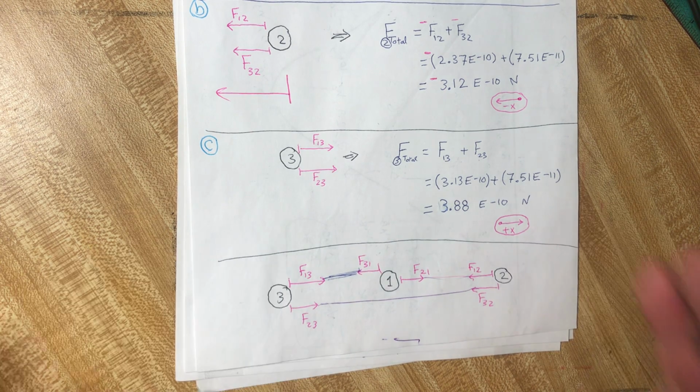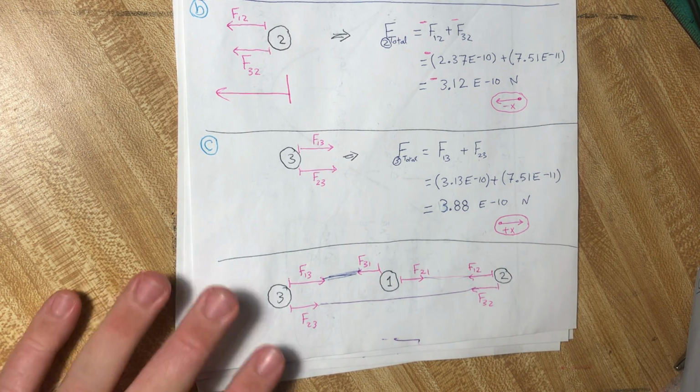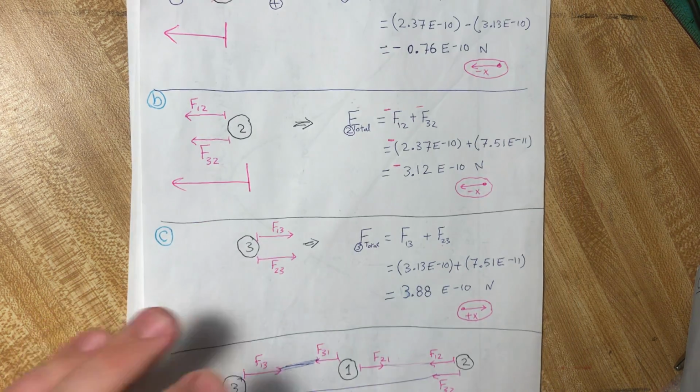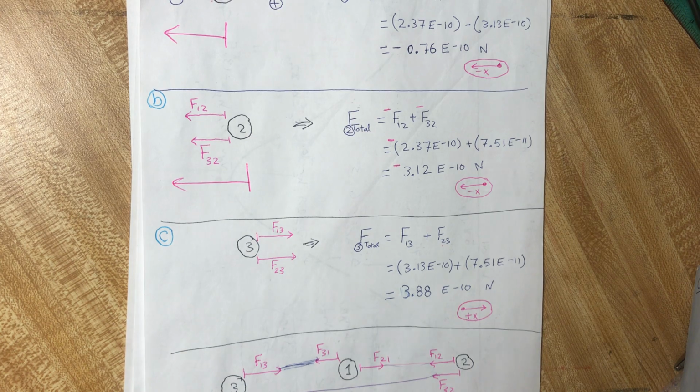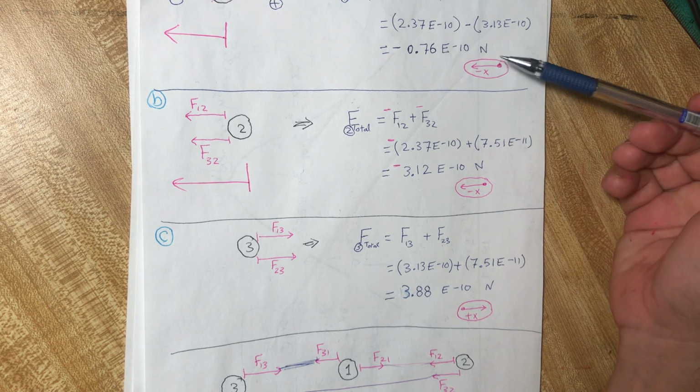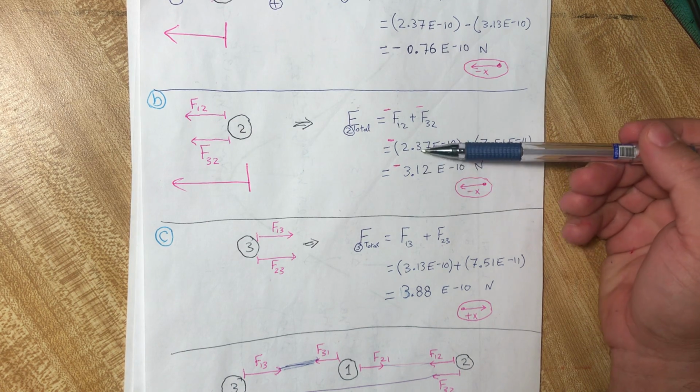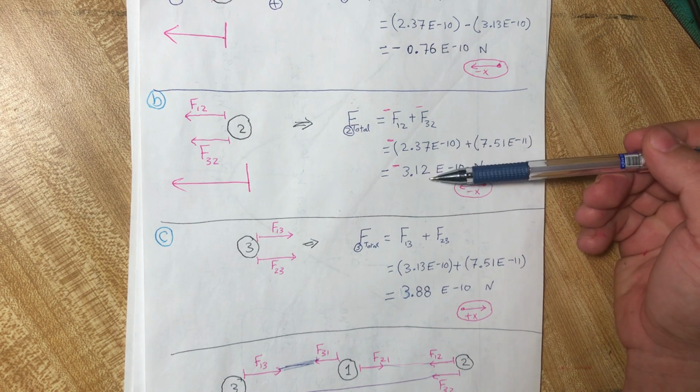The system is closed. The total force should be equal to 0 because of Newton's third law: each force has an opposite force with the same magnitude and opposite direction. Look at this one, negative 0.76, and this one, negative 3.12.